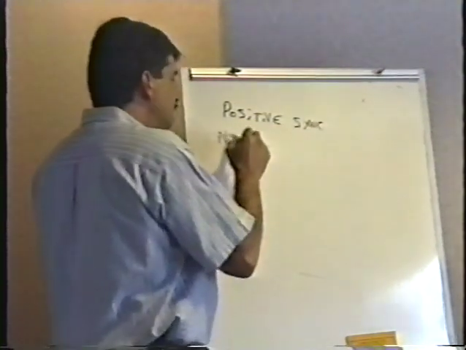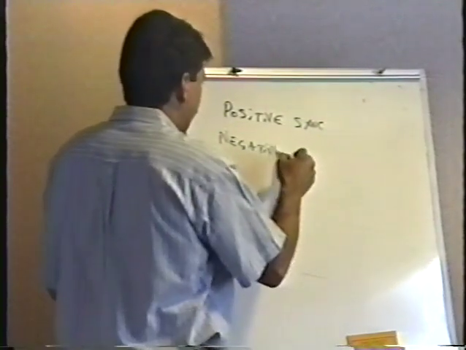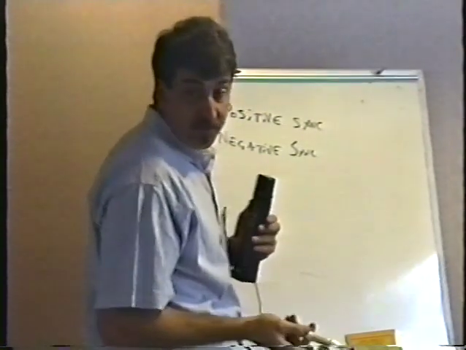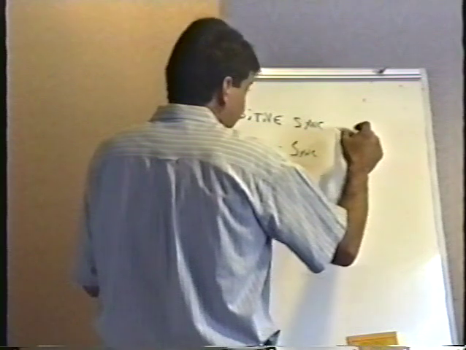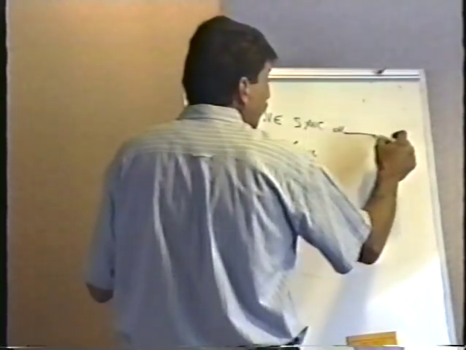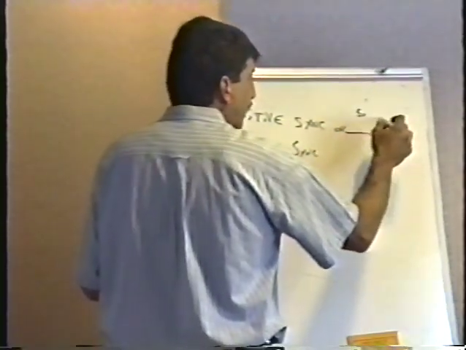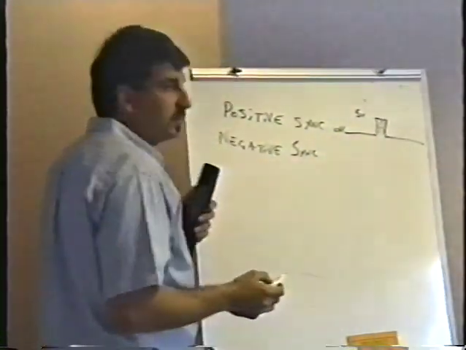Our new games, all the latest stuff and the stuff for the past 8 years, I guess, to me that's still new, use negative sync. Here's the difference between the two. In a positive sync system, if I were to check the voltage on that sync wire, normally it would be 0 volts. To synchronize the monitor, it momentarily jumps it up to 5 volts and back down to 0 volts and makes a pulse that goes up like that.